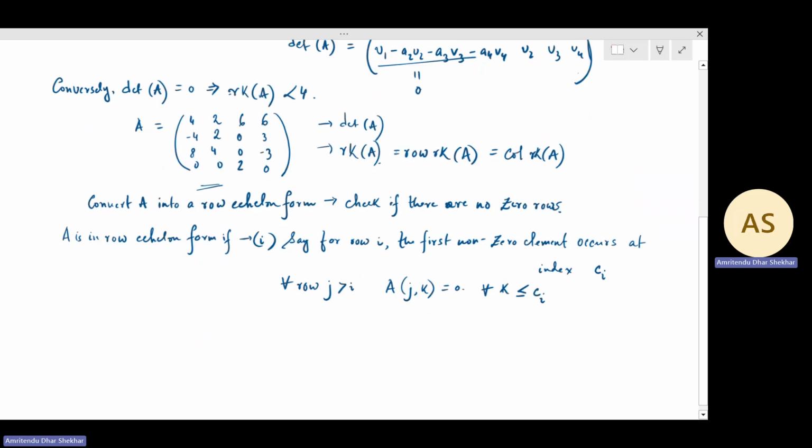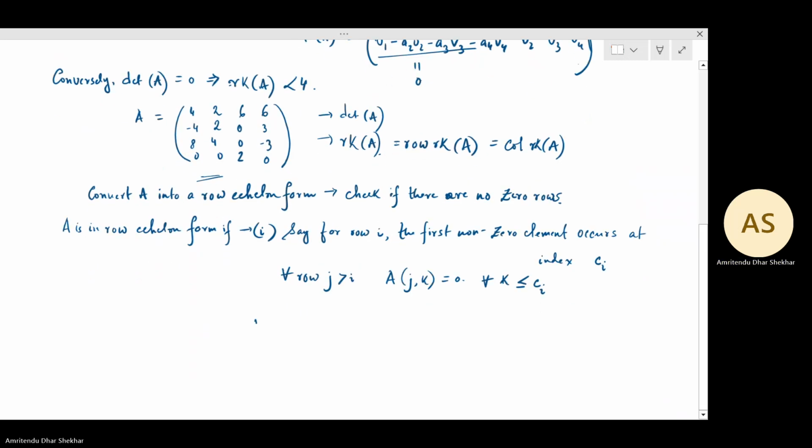And of course, we have the second condition, which is that for a row J, where J is greater than I, the first non-zero element of J occurs after the first non-zero element of I, which means that Cj is greater than Ci.